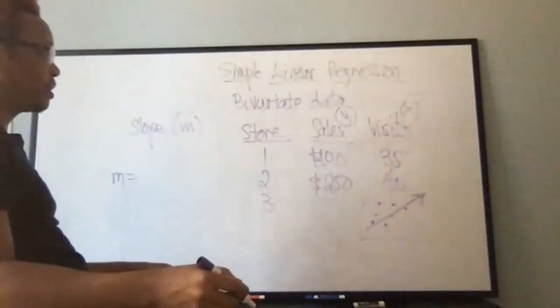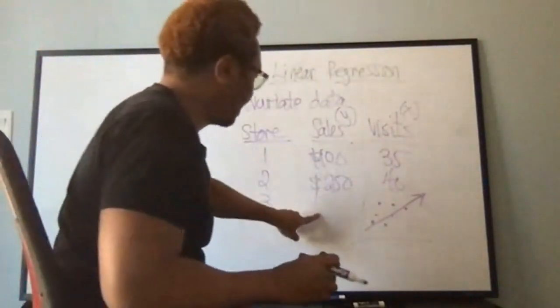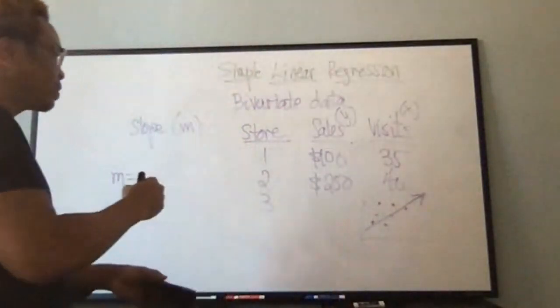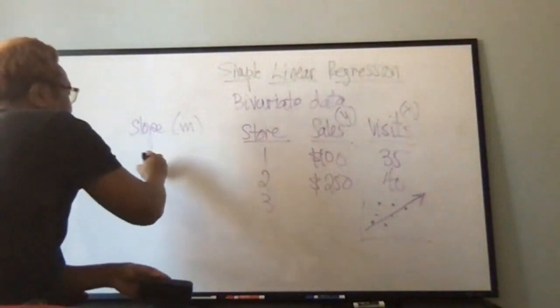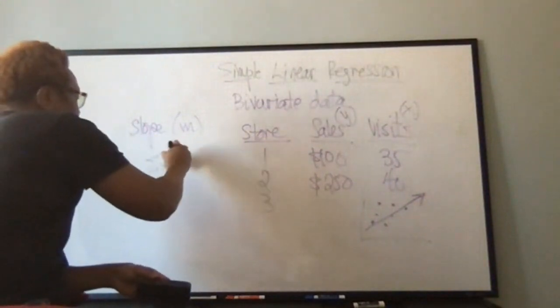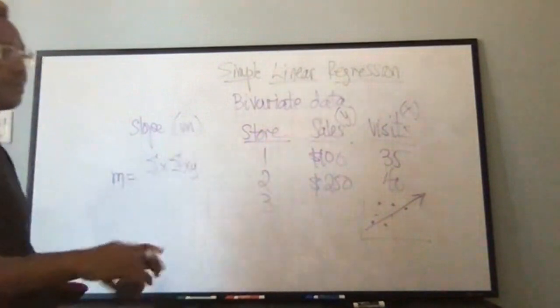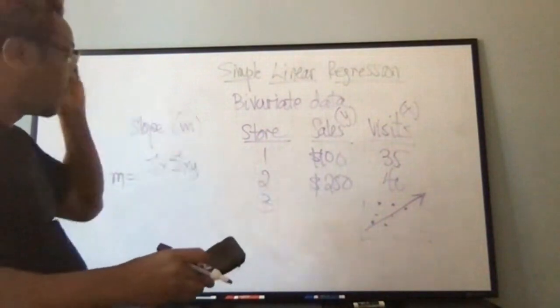Would you be able to find the slope if I gave you some data? 1, 2, 3 pieces of data here, 1, 2, 3 pieces of data here. So in your notes, you remember the formula for slope? I don't. I know it's something like summation of X, summation of X, I forget. But it had all those summation things, summation of this, summation of that.